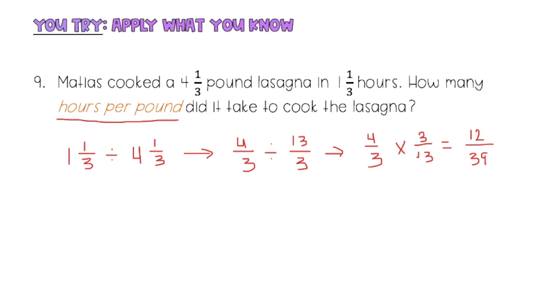So 12 divided by 3 equals 4. And 39 divided by 3 is 13. We have to label our work, so we found how many hours per pound of lasagna.